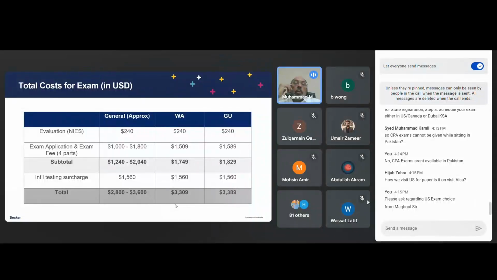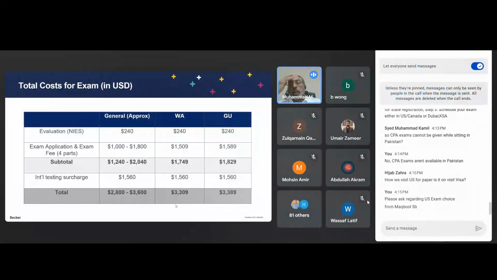This takes you to the subtotal, and then the international testing surcharge, which I think is 390 per section. Yes, it's 390 per section, and you have to pay it if you are taking the exam at any international testing center.